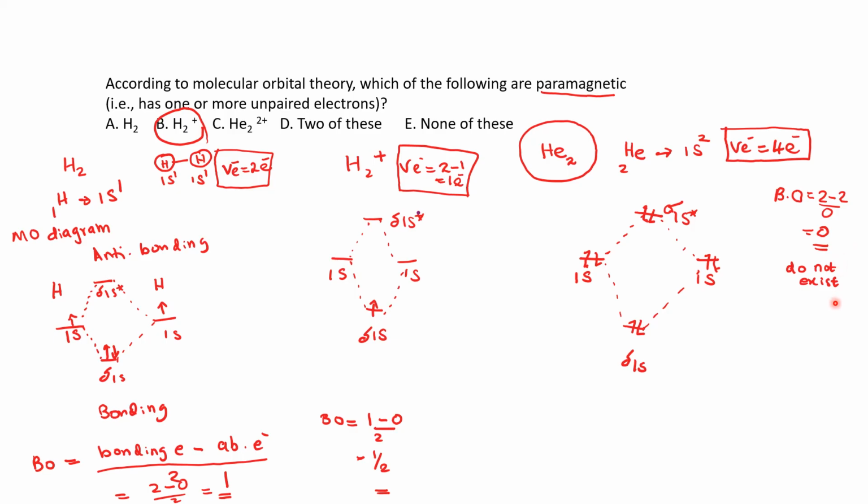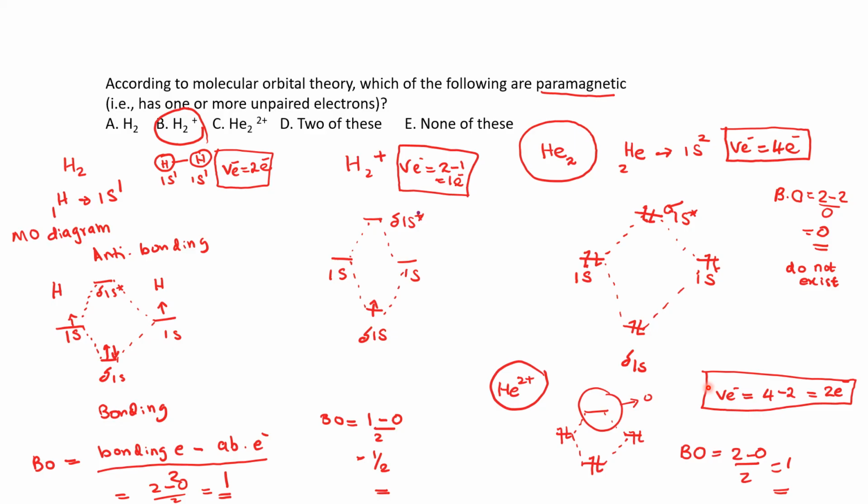When something has a bond order of 0, that means it does not exist. But our question is He2 2 plus. Let's go to He2 2 plus. The simple thing you can do is take off these 2 electrons and it will make you He2 2 plus. Or we can go from the start.